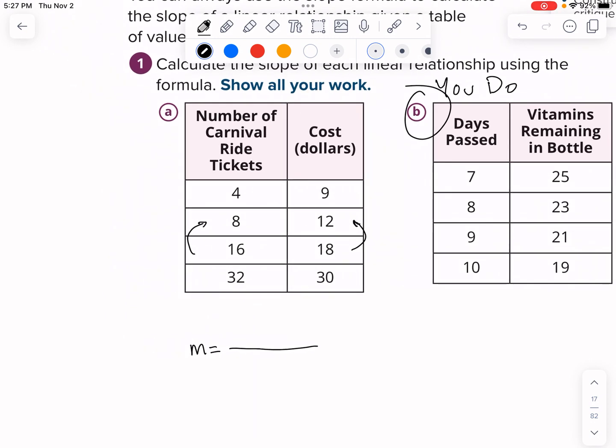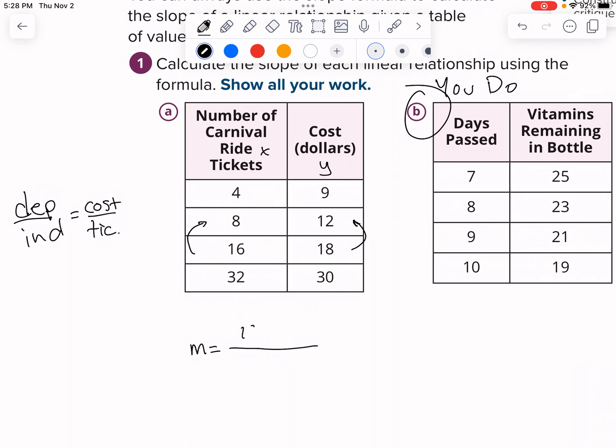If you're not sure, always put dependent over independent. So for this, this is going to be cost per ticket, because the cost depends on the number of tickets that you purchase. So this means that this is the y, this is the x.